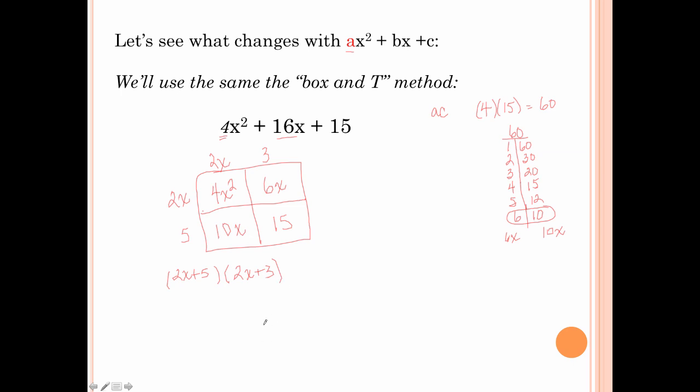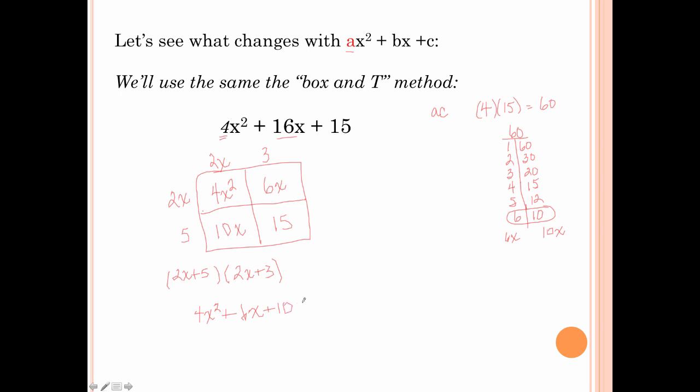And I could go back and multiply these out, and you'll see that I would get my same 4x squared plus 16x plus 15. I'm going to quickly use the FOIL method. 4x squared is my first term. My outside term is 6x. My inside term is 10x.